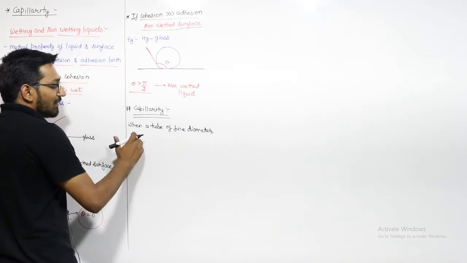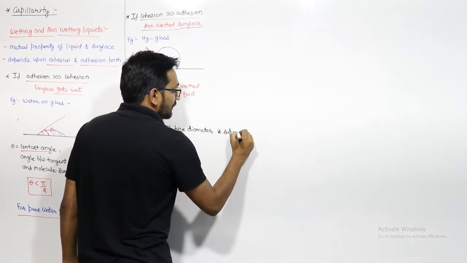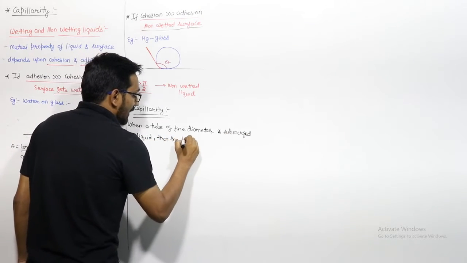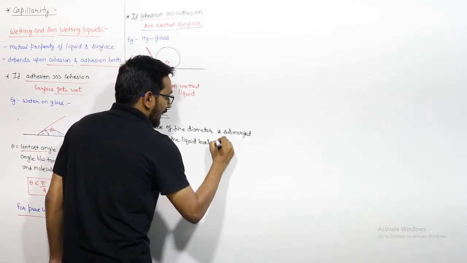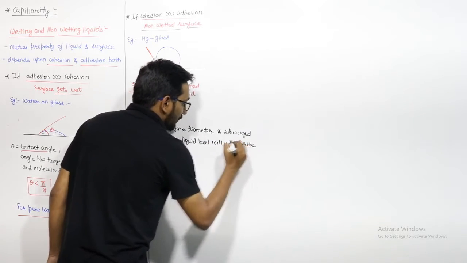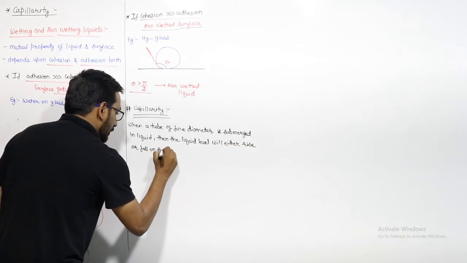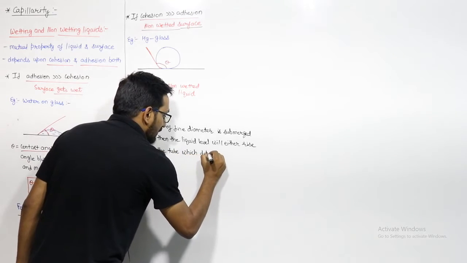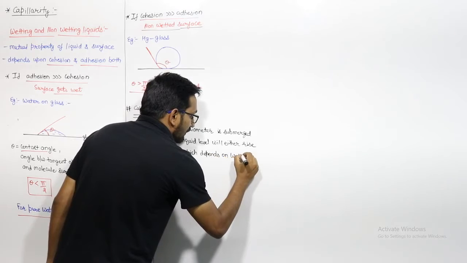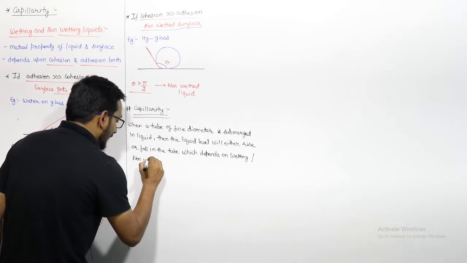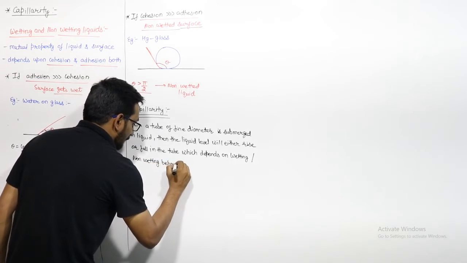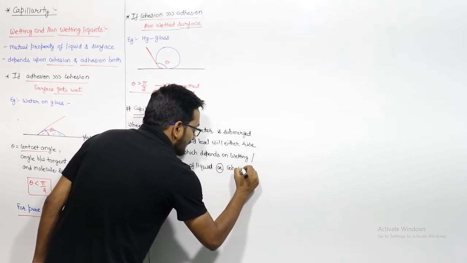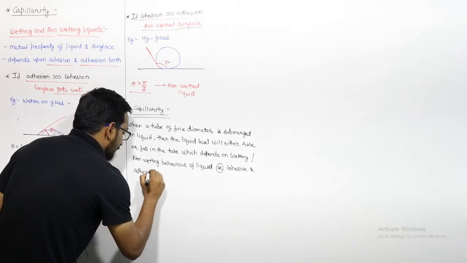Then the liquid level will either rise or fall in the tube, which depends on, this is the most important thing, the wetting or non-wetting behavior of the liquid, or you can say it depends upon cohesive and adhesive forces.